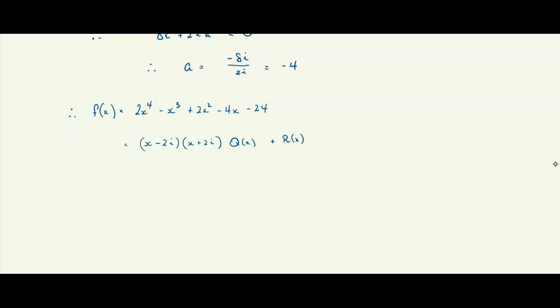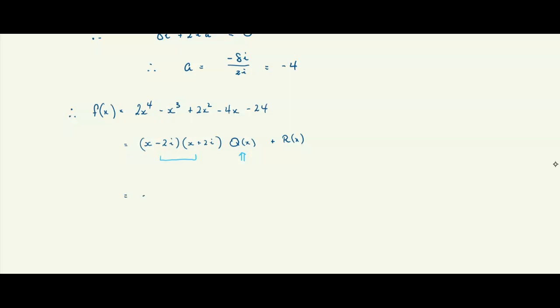So this now becomes our focus: q(x). How are we going to get it? Well, I've got a quartic polynomial here, and I've got some complex zeros which I can expand and then take the result and use that as my divisor into my dividend to find out what q(x) is. Sound like a plan? So let's do that. So I'm going to rewrite this as, I don't know why I've changed color.